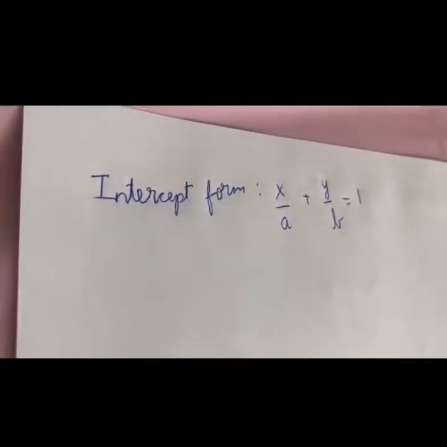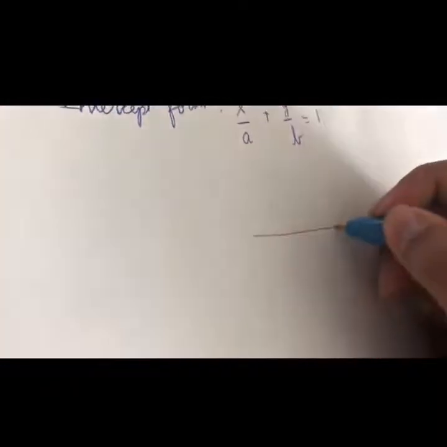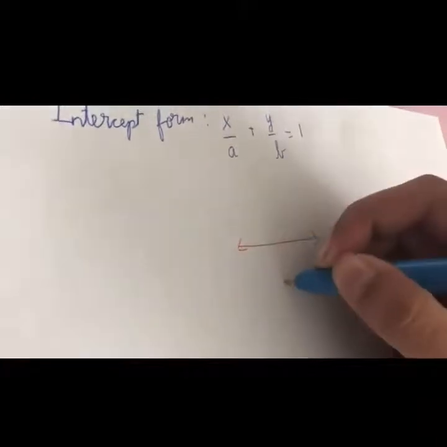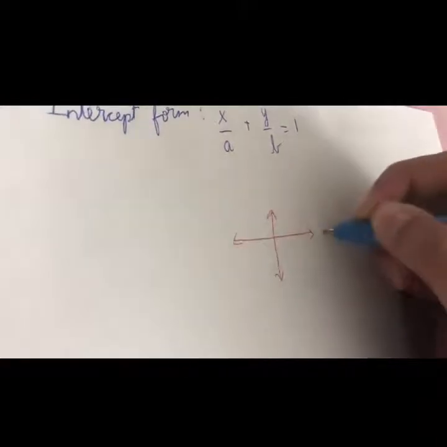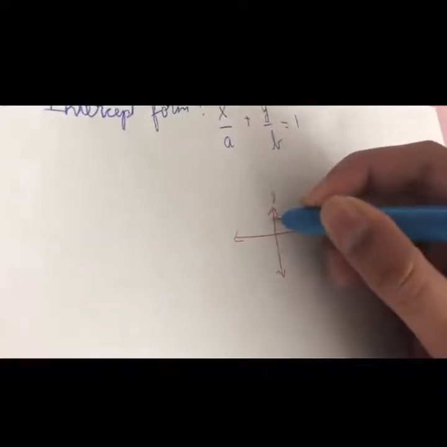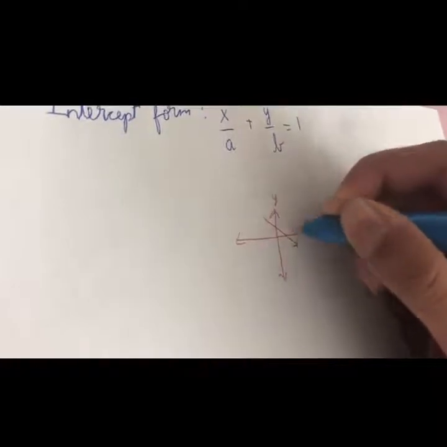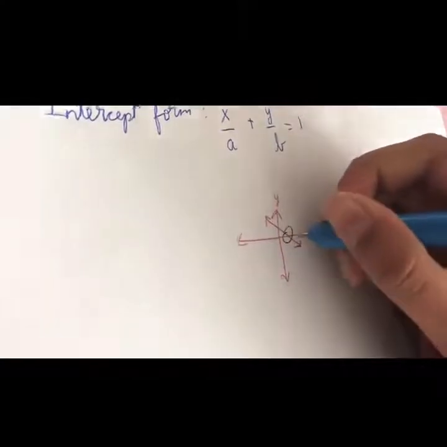By the x-intercept, I mean where the line crosses the x-axis, and let me show you an example. So this will be your graph, x and y. An example of the x-intercept would be this area right here, because it crosses the x value, and it's also when y equals 0.